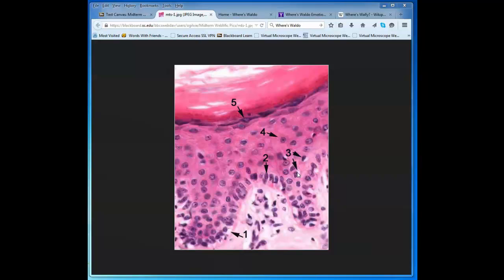If you answered Langerhans cells, of course they don't produce anything, but these would be Langerhans cells with the irregular nucleus and the light cytoplasm, almost not staining within the stratum spinosum. But the melanocytes are always in the stratum basale. You can even begin to possibly see a process going up here.